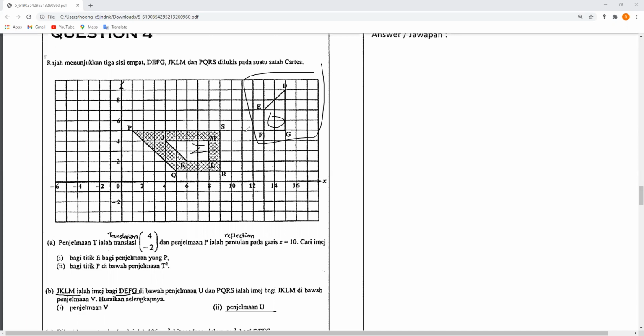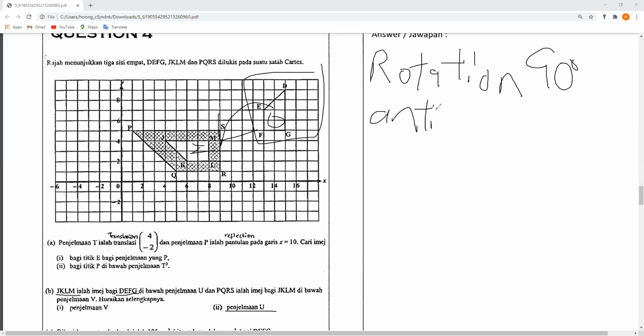This one is the object. So transformation U is a rotation. But this time you can see it's turning to the left. So it's 90 degrees, because it's turned only 90 degrees, and then anti-clockwise.